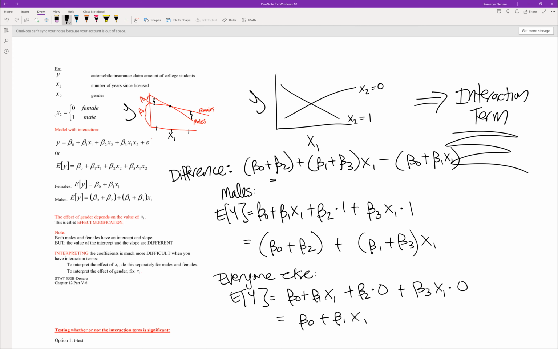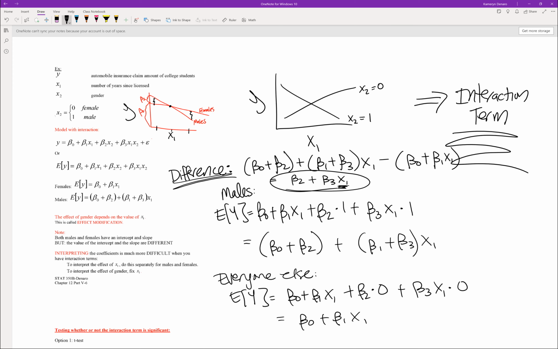We're left with beta 2, and beta 1 X1 minus beta 1 X1 leaves beta 3 X1. So the difference between the two groups is now dependent on the value of X1. That's how you know you have an interaction term. If the difference between the groups depends on the value of X1, you have effect modification.